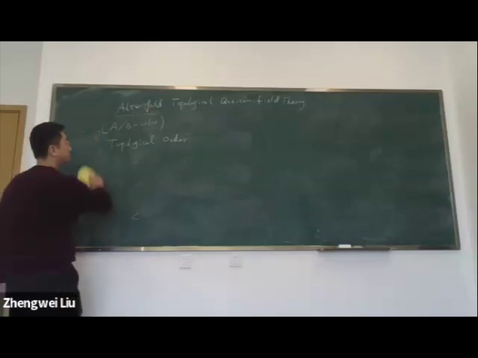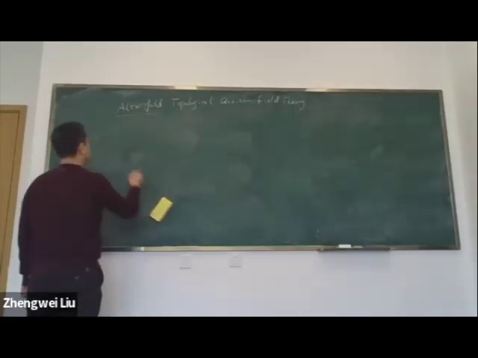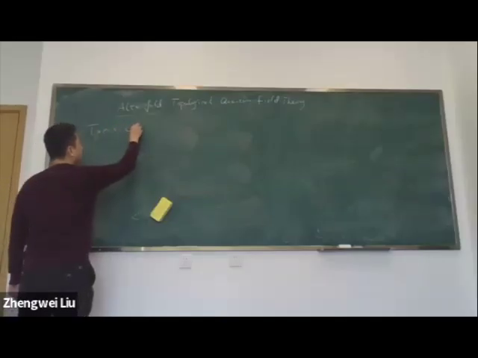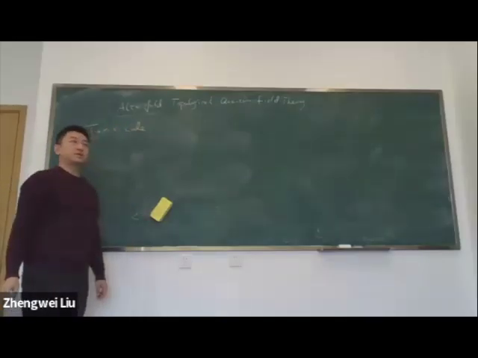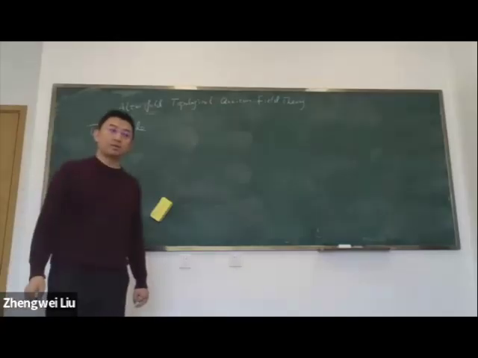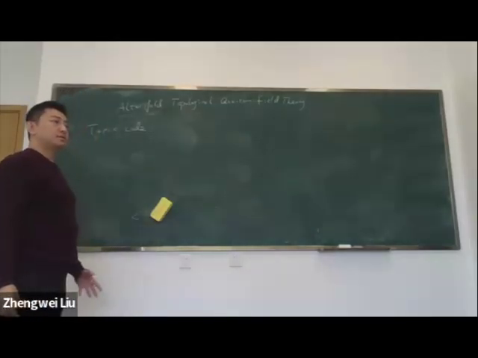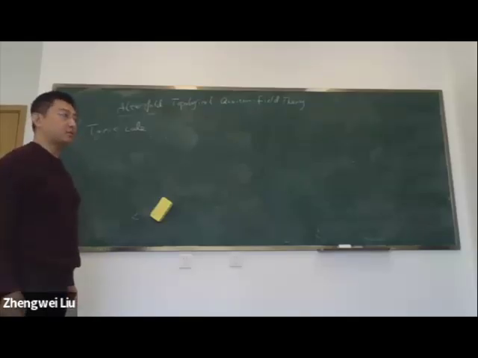A key point is that the toric code has a very explicit lattice model and a Hamiltonian, and the ground state is non-degenerate on the sphere, but it degenerates on the torus.